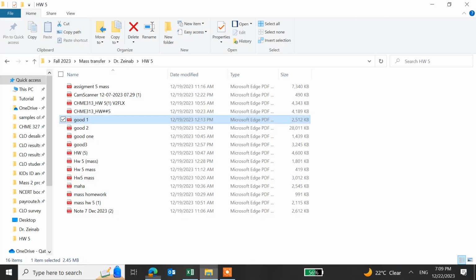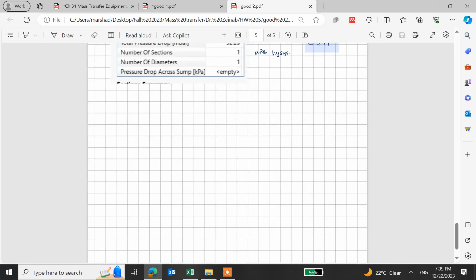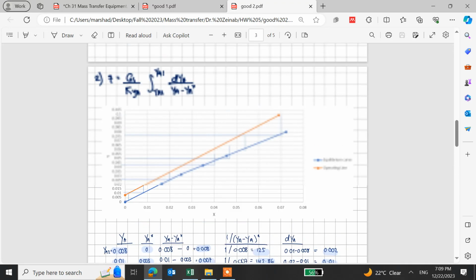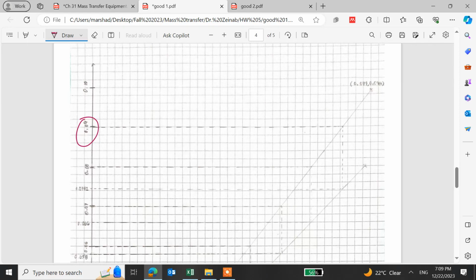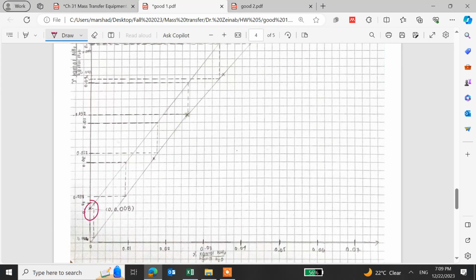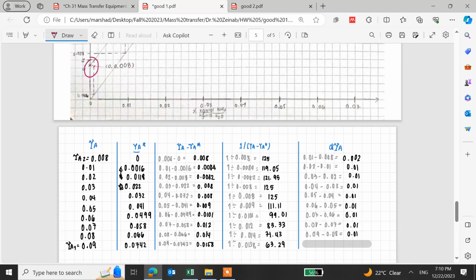So you can see, I can show you a different one. Same. So you can read at each data point, starting from y2, and then for the next interval we can select as we want. For example, ya2 was 0.008.